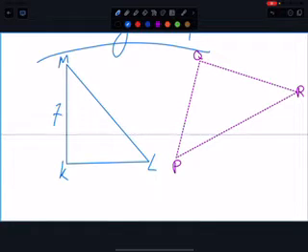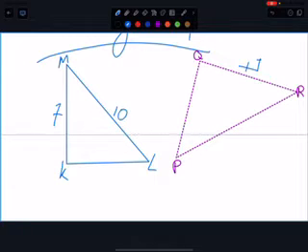Let's give this 7, and I'll say this is 7. What else?